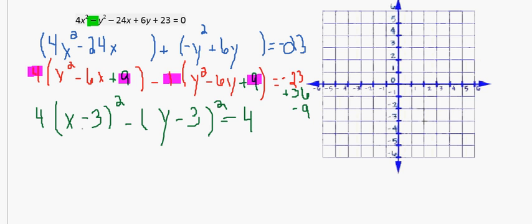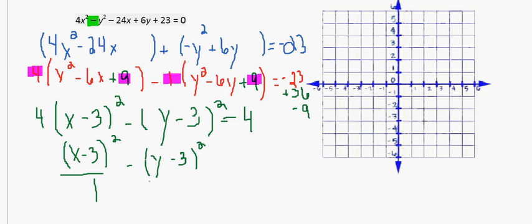And then once again, I have to divide everything by 4. So I have x minus 3 squared, and that cancels out that 4, but I can put it over 1, minus y minus 3 squared over 4 equals 1.